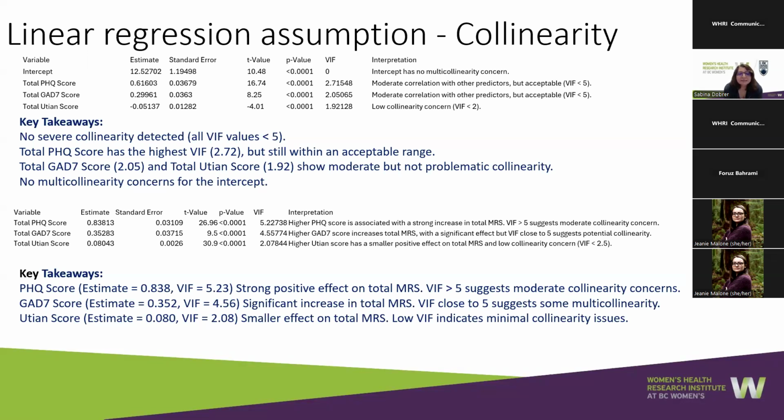But when I did the same without the intercept, we could see that the PHQ score VIF value suddenly becomes slightly higher than 5, and the GAD-7 score is also closer to 5, at 4.56. So it means maybe our PHQ and GAD-7 scores are actually somehow collinear.